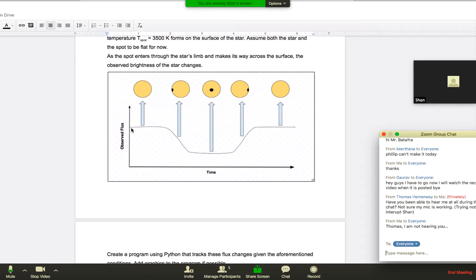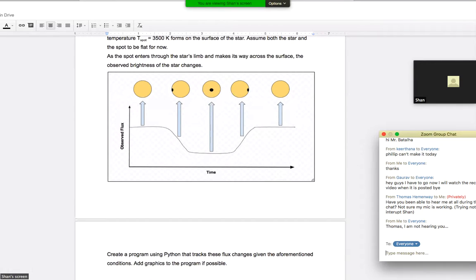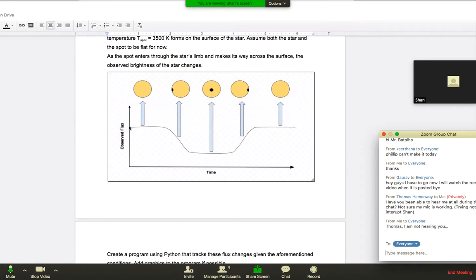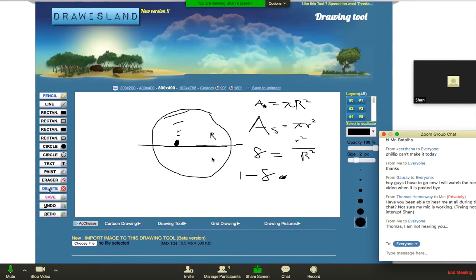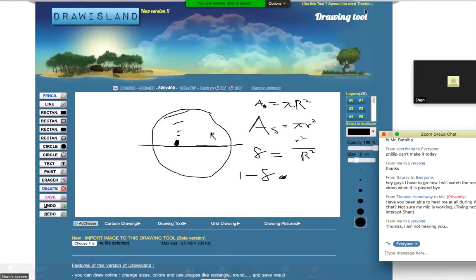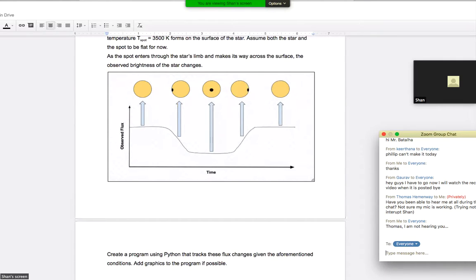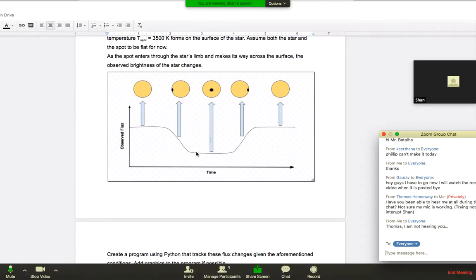You just take a T of 5,000 degrees and you have a number in there. For a given stellar radius and a spot of 10% of stellar area, you can also determine the bottom of this dip.